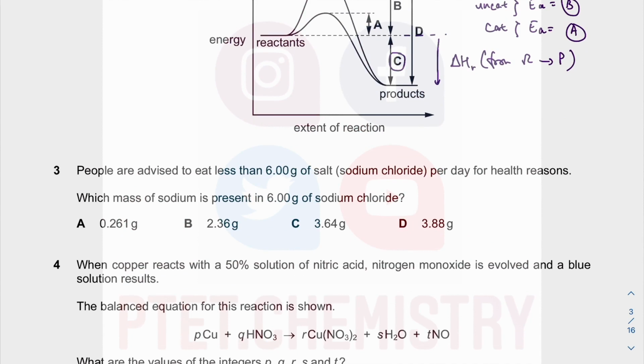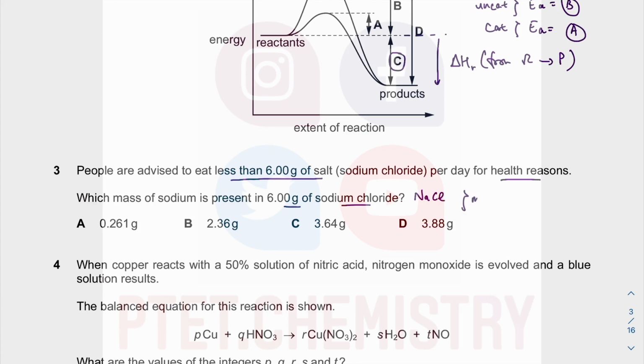Question 3. We are advised to eat less than 6 grams of salt for obvious health reasons. So what mass of sodium is present in 6 grams of sodium chloride? In the formula unit of sodium chloride, you have NaCl.